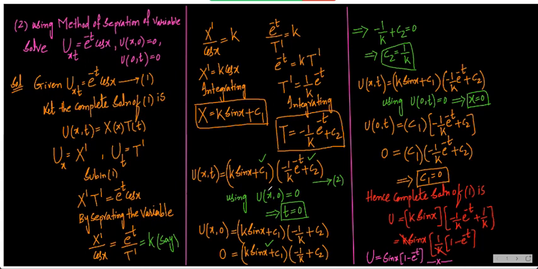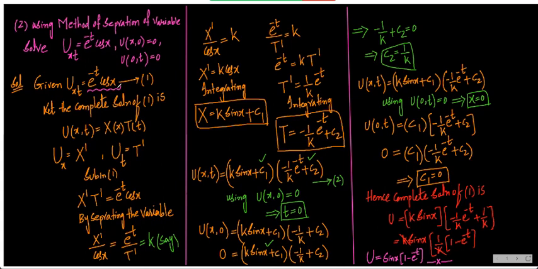This is the way you have to solve the equations depending upon the variables. How many variables are there? Depending upon the variables, we have to simplify. If it is asking to find out using the condition, we have to use the condition and find out the values of C1 and C2.